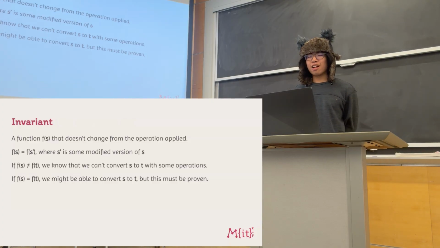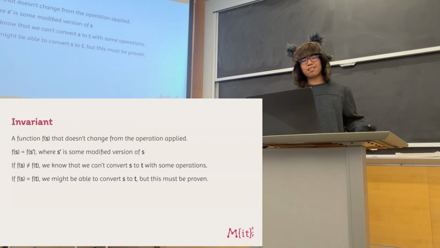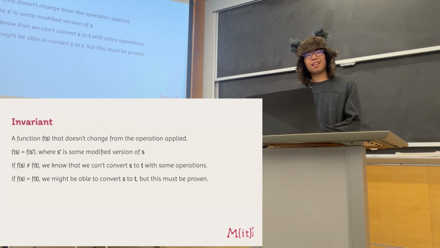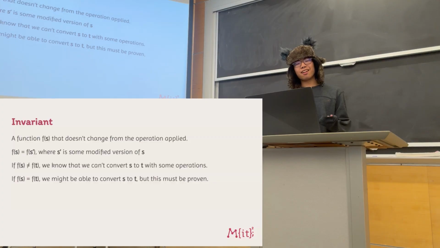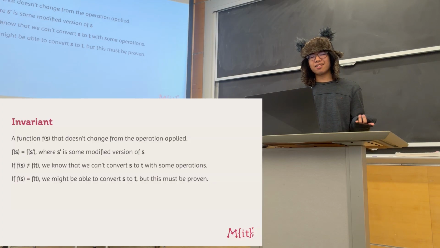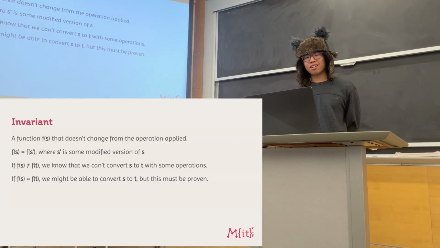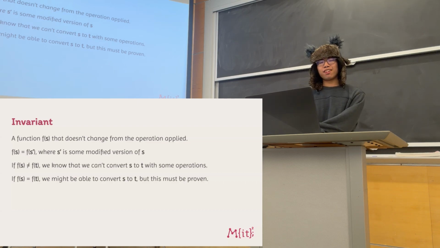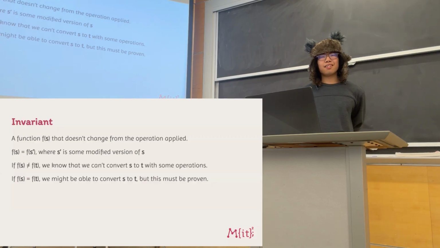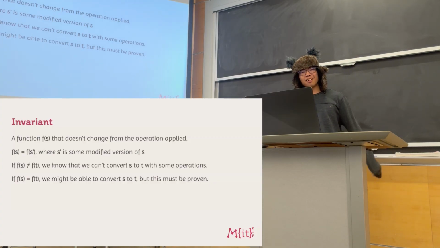So if S prime is a modified version of S, then f of S would equal f of S prime for all possible S primes you get from some number of operations applied to S. We know that if f of S doesn't equal f of T, where T is the target binary string, we can't convert S to T with some operations, because f of S stays the same when you apply the operation to S. But if f of S is equal to f of T, we might be able to convert S to T. This remains to be proven, but as a general rule of thumb, if you find some invariance, it will lead you closer to the answer. Does anyone see any invariances in this problem?